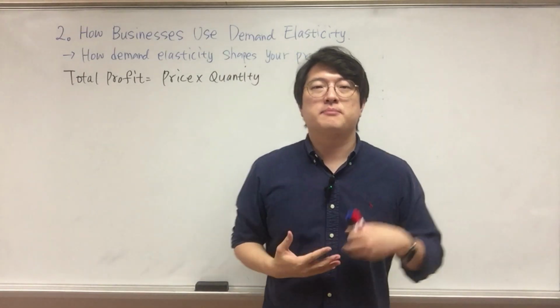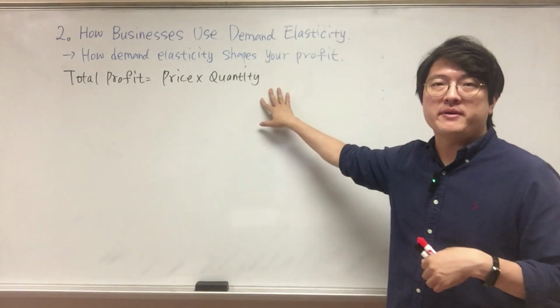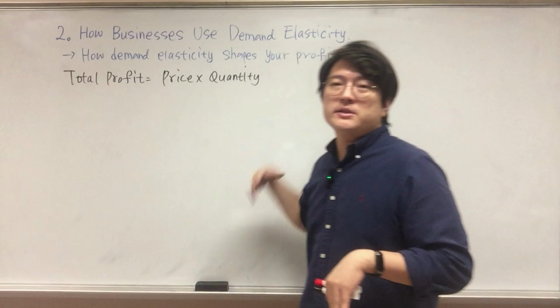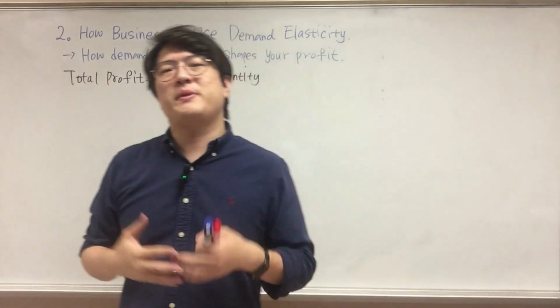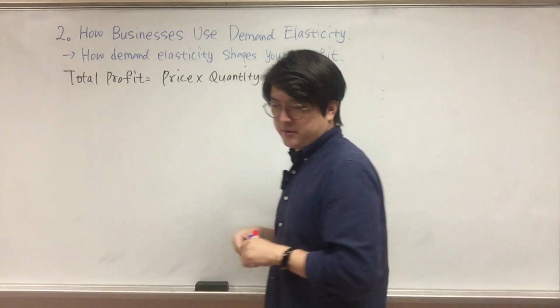Total profit is the price multiplied by quantity demanded. If we think about the demand curve, let's look at how we could find the total profits using a graph. So let's draw the graph.